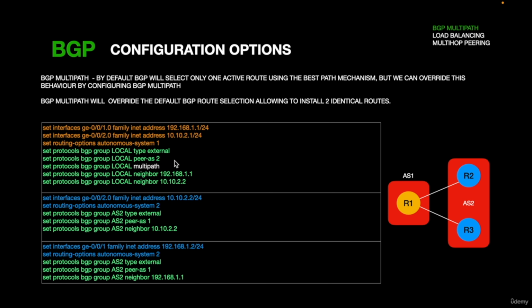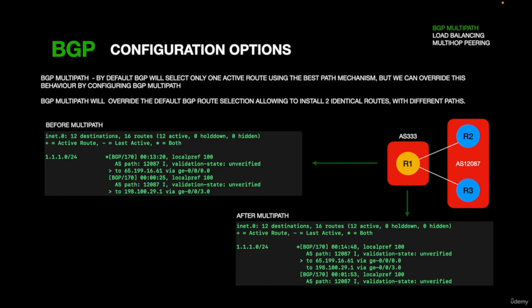We also specify multipath. We specify the neighbors. The first one is R2, the second one is R3, and on the opposite side we are doing the same thing but in reverse.